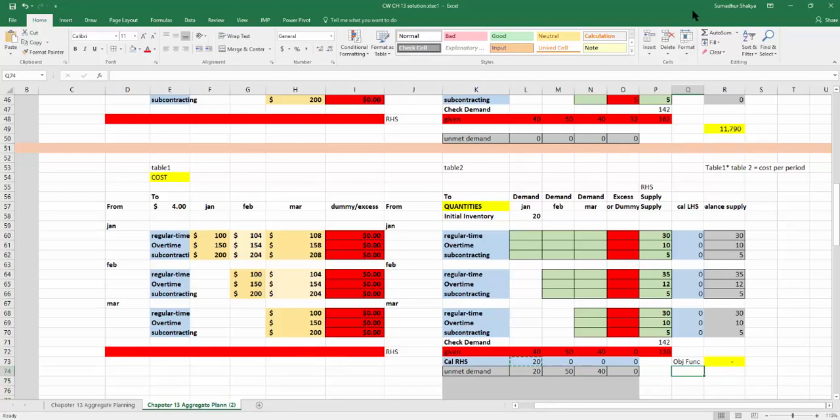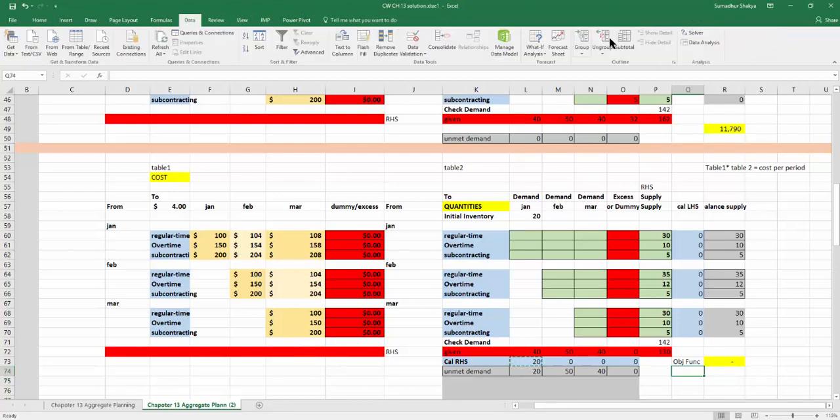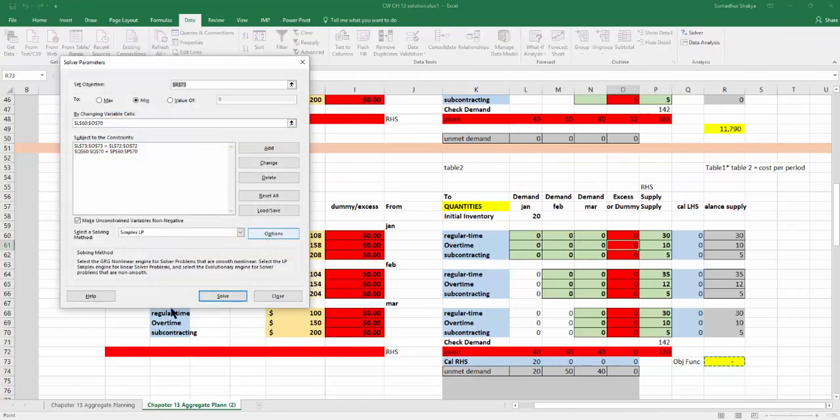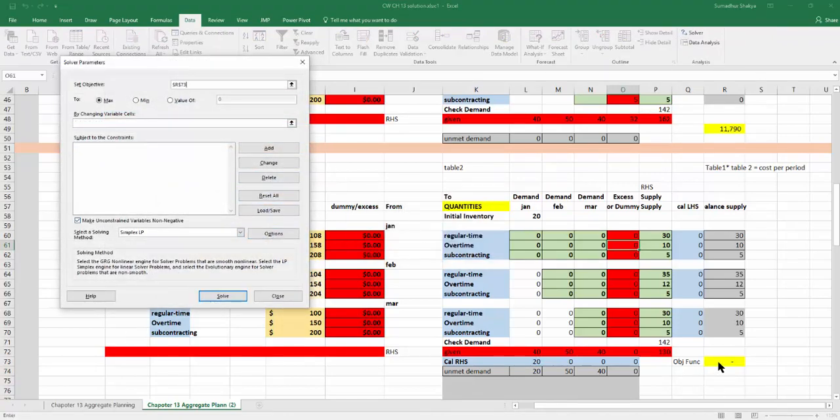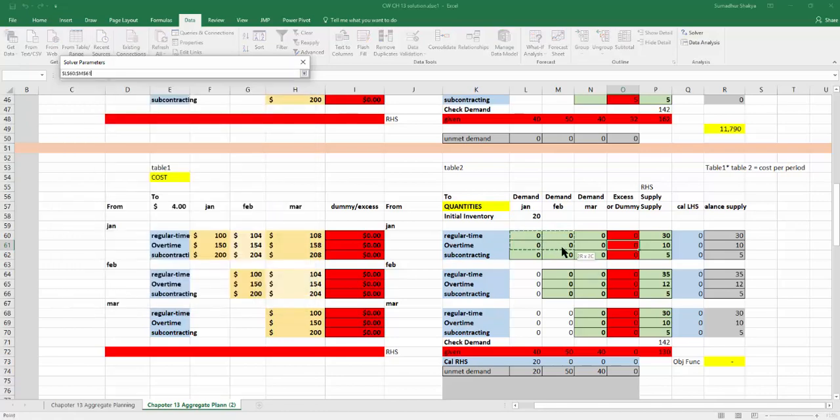Okay, so where's my solver? Data, solver. I'm going to reset all and choose this as my objective function, and I want it minimized by changing the cells.